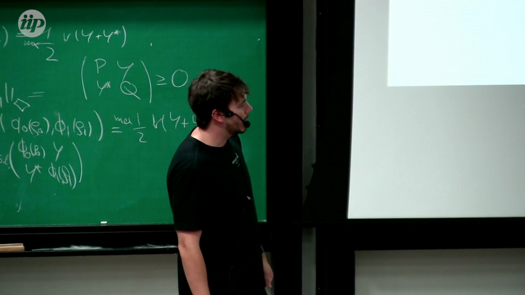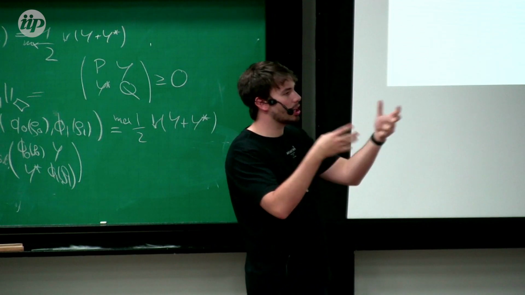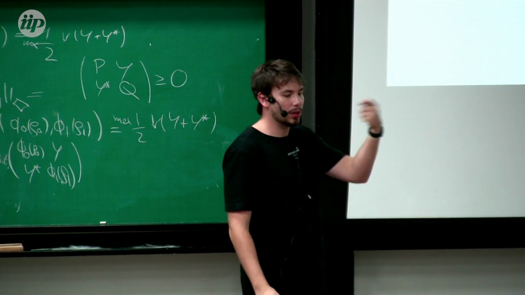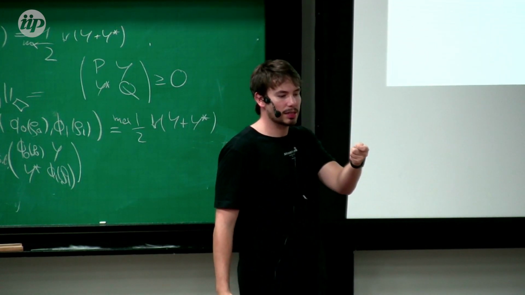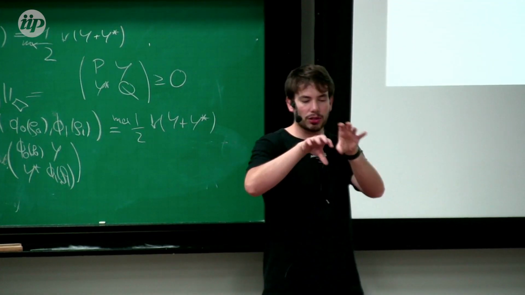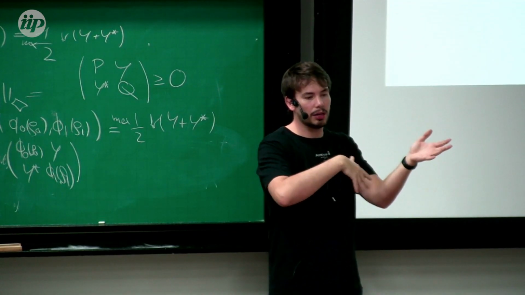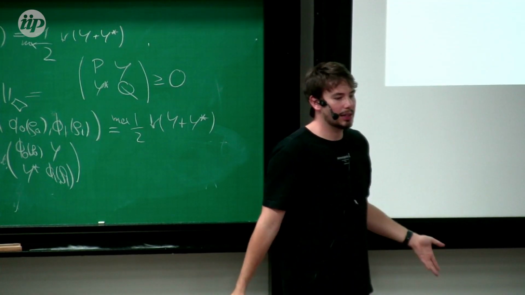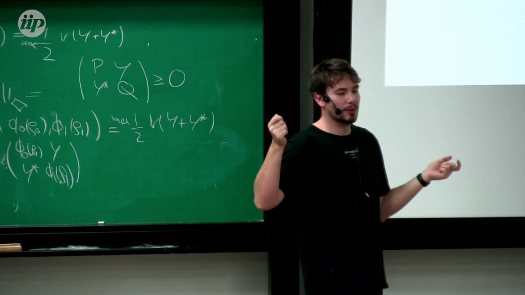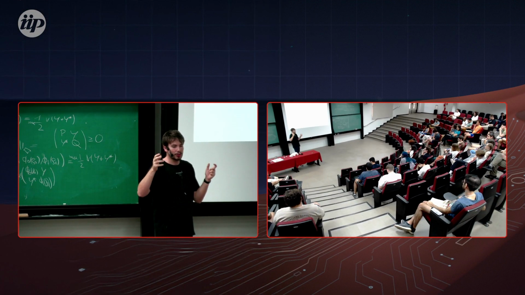And well, if you have just some general noise map, let's say a depolarizing channel, for instance, then you have a very clear noise parameter P. But if you're just comparing two unitaries and you want to say how well one unitary approximates the other, there is no clear parameter like the depolarizing probability that tells you how you should measure this noise.